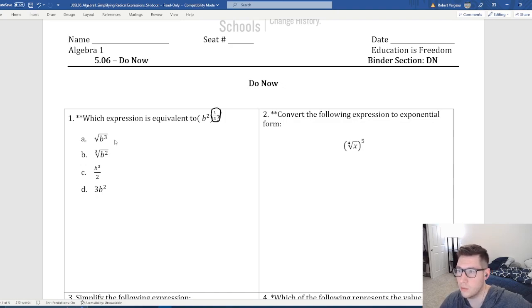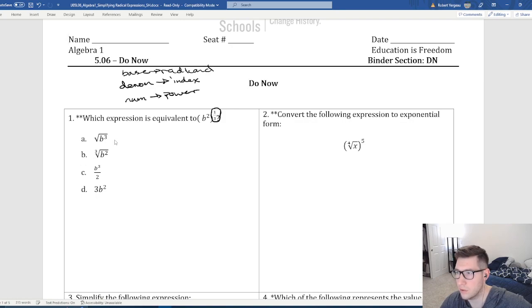We know that the base is going to turn into our radicand, our denominator is going to end up turning into our index, and then our numerator is going to end up turning into our power.